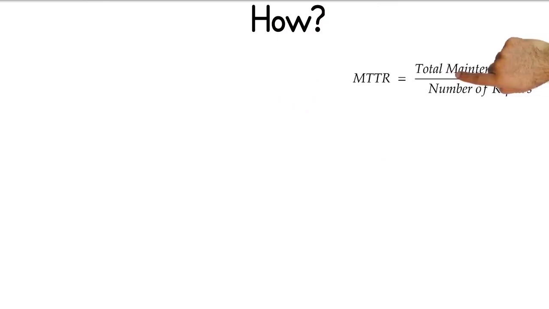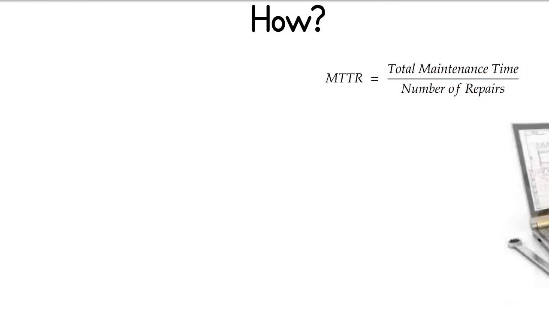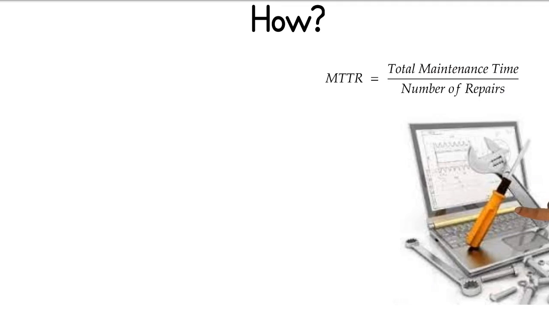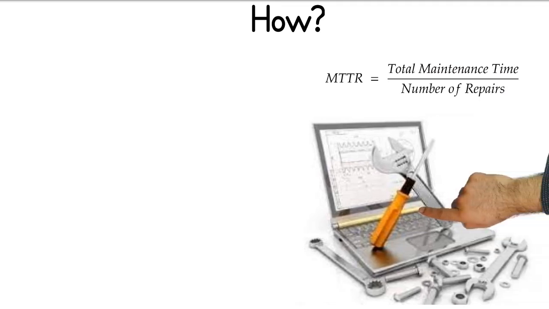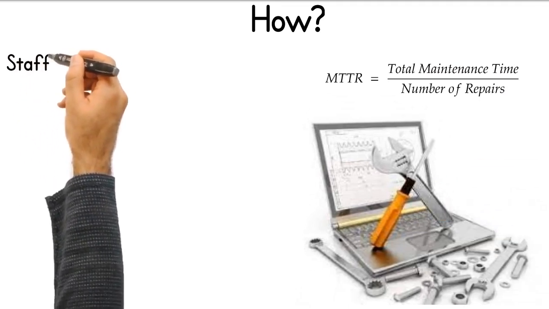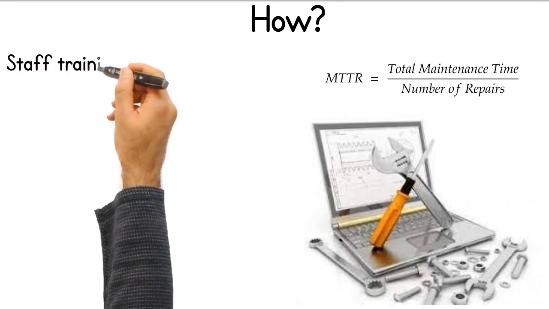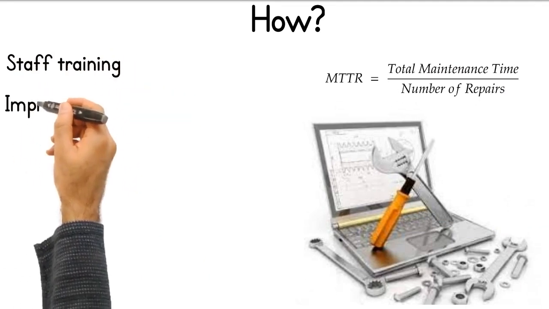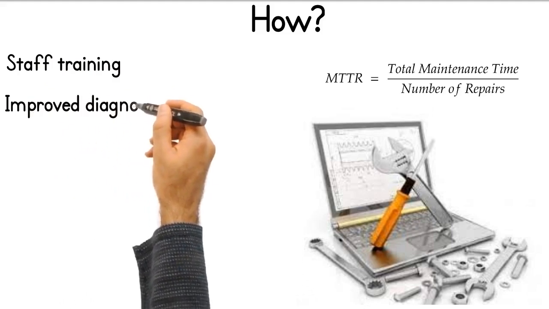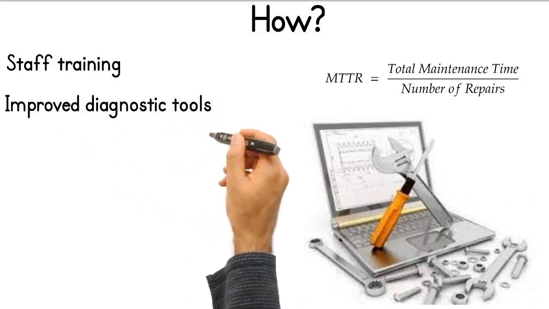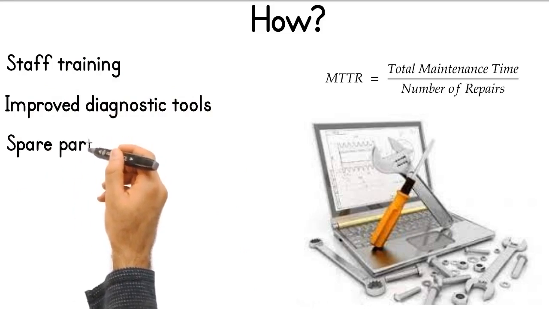How is MTTR calculated and improved? Improvement strategies. Staff training. Ensuring that technicians have the right skills to quickly diagnose and repair issues. Improved diagnostic tools. Using advanced diagnostic tools and techniques to identify faults faster and more accurately. Spare parts availability. Keeping an inventory of critical spare parts ensures faster repair times. Preventive maintenance.